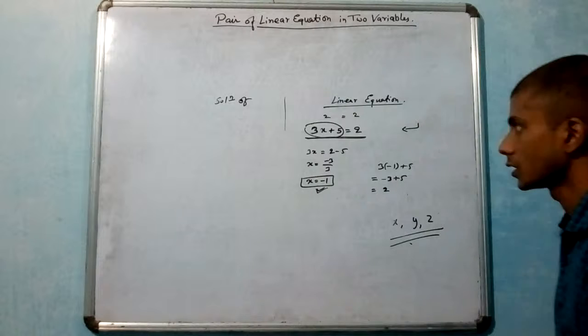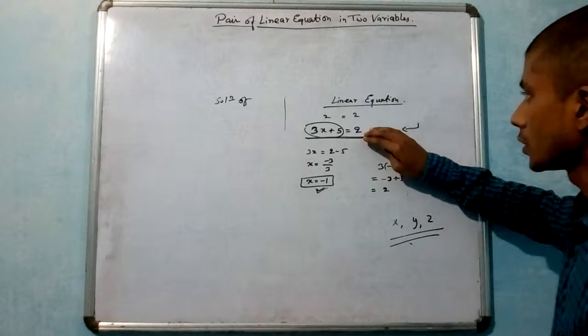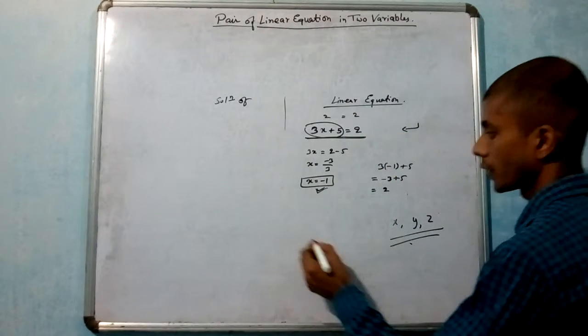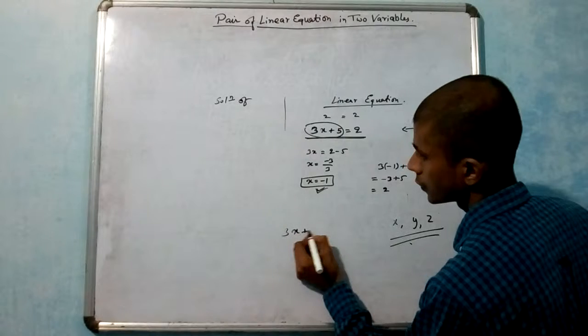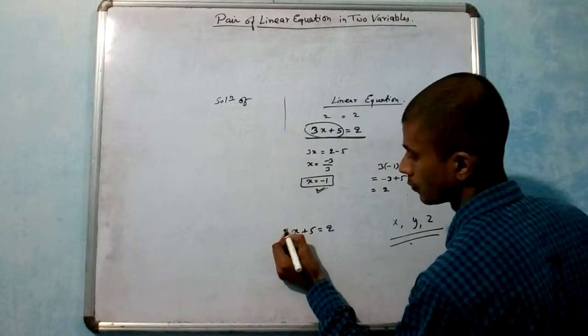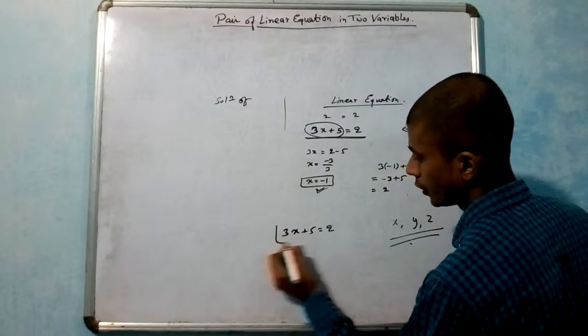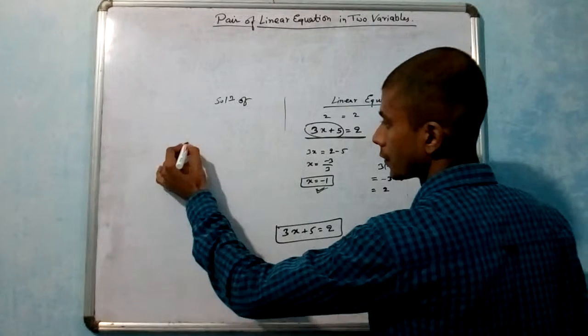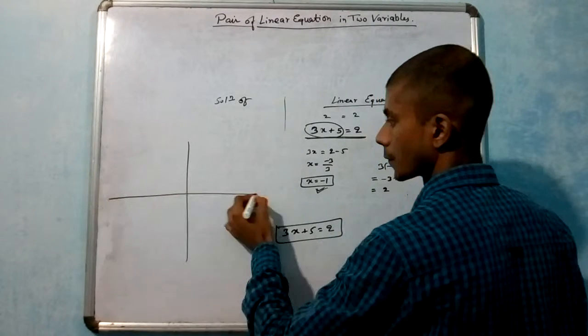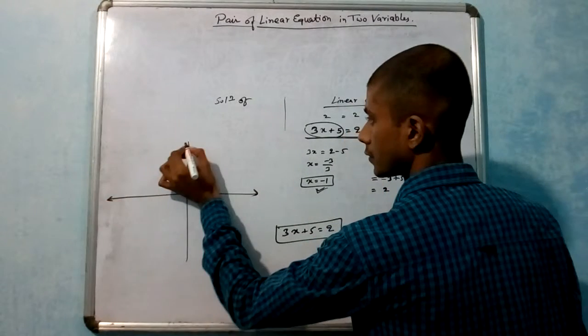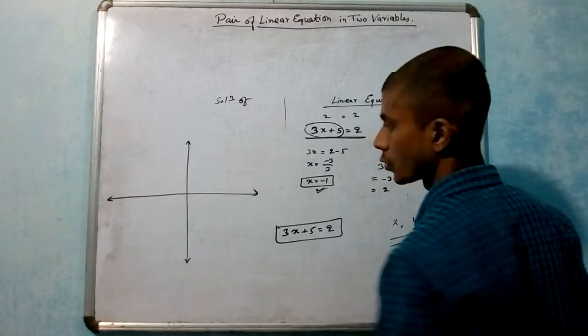Now let us discuss a little about what this equation, 3x plus 5 is equal to 2, will represent on the graph. This is the Cartesian plane that we use to locate everything.